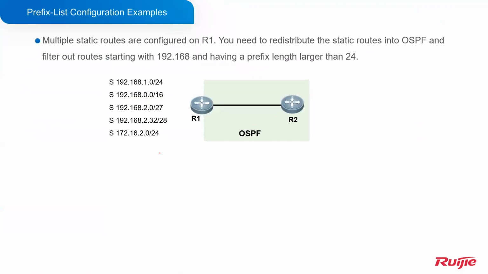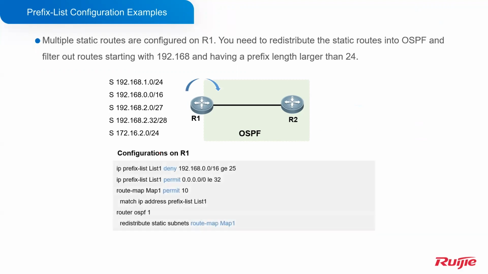And let's see, in this real case, how to use a prefix list to do the route redistribution control. Multiple static routes are configured on R1. You need to redistribute the static routes into OSPF and filter out the routes starting with 192.168 and having a prefix length larger than 24. So we should configure IP prefix list first. IP prefix list deny 192.168.0.0/16 GE 25.